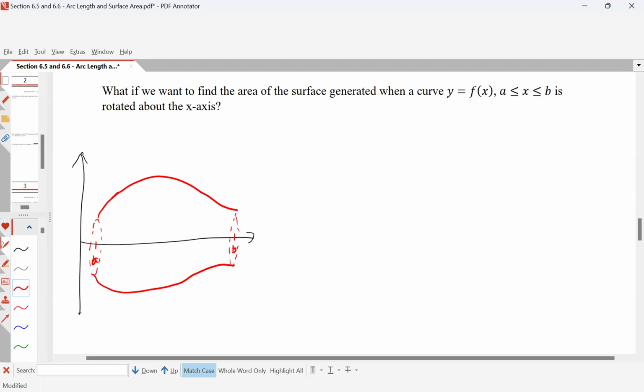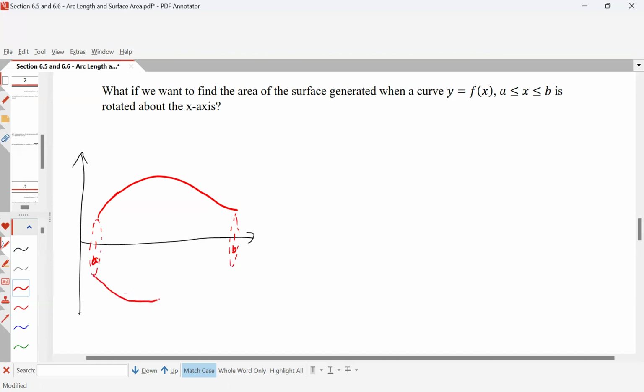Then how could we find for this volume or this solid just the outside surface area, just the area that could get painted of this vase-like shape?